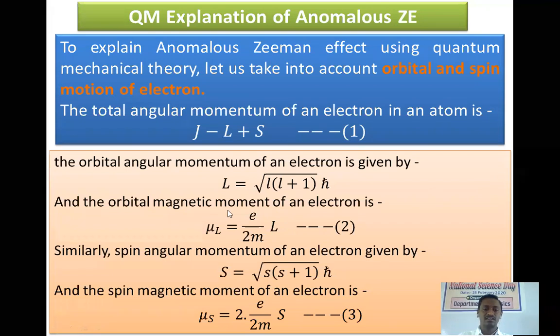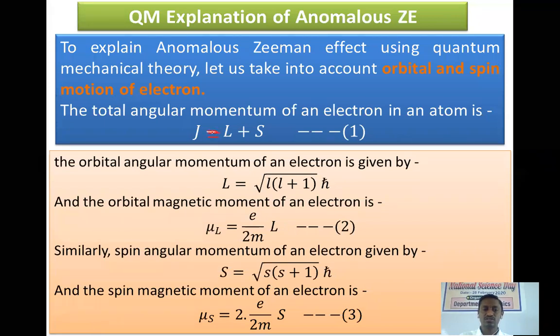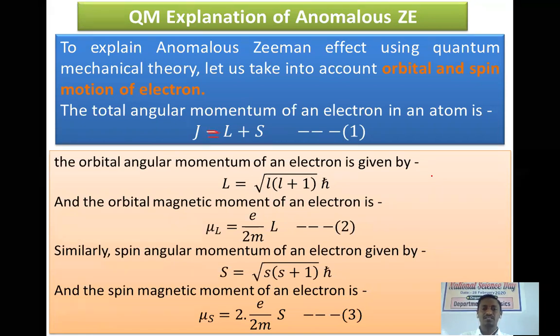So the total angular momentum of an electron will be J equal to, there should be an equals sign here. The total angular momentum of an electron having spin and orbital motion is equal to L plus S. That is our equation number 1.